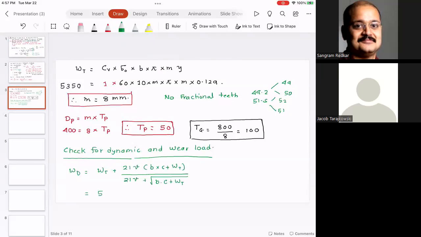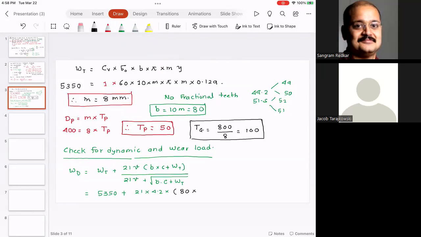Please note, module is 8. So B, which is 10 times module, is going to be 80.